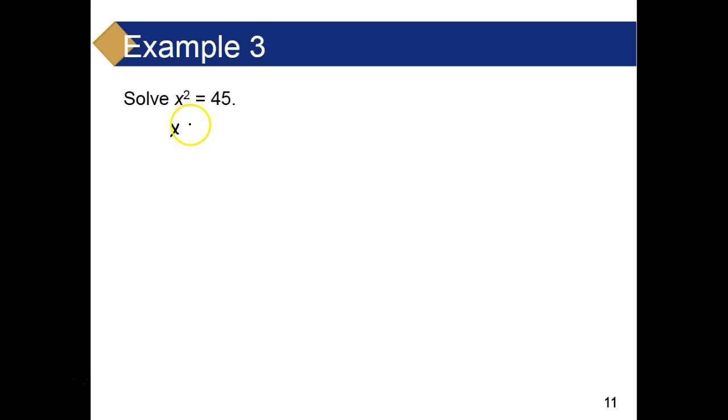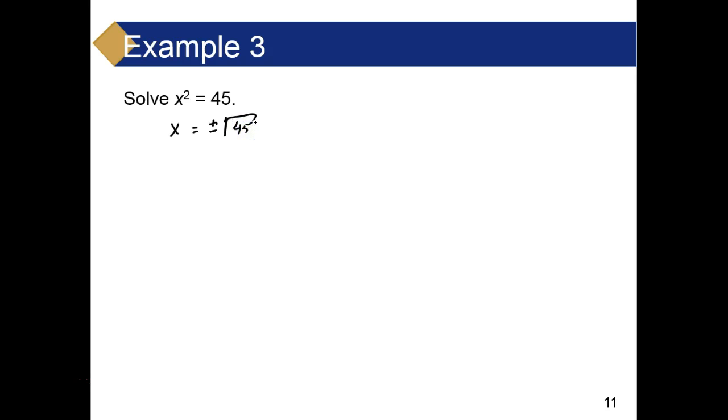You could do that, or they just gave you that new rule that says take the square root of both sides, right? That's not what they called it, but that's what we were doing, right? Square root of x squared is x, but when you do this, this is the thing you have to remember. You always put a plus or a minus the square root of 45.